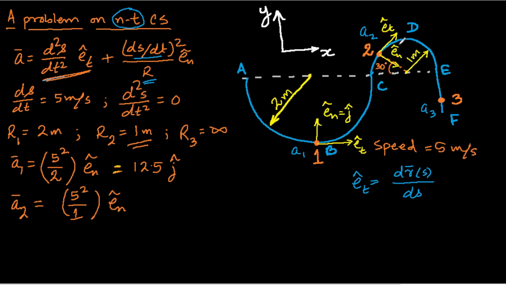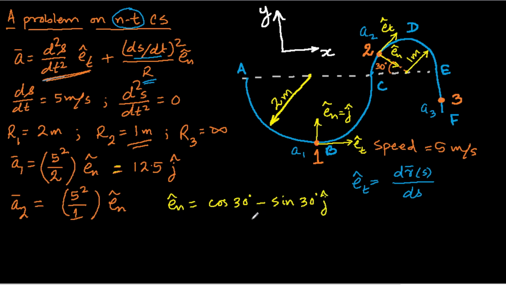Now the angle theta is given to be 30 degrees. So what should be En? En will be equal to, in the x direction, cosine of 30 degrees, and in the y direction it's negative sine of 30 degrees j cap, right?